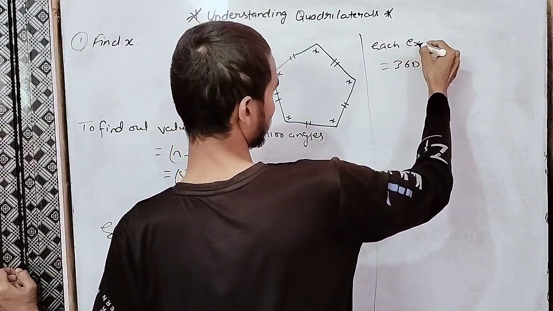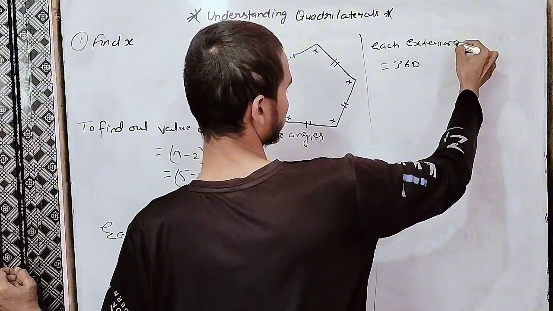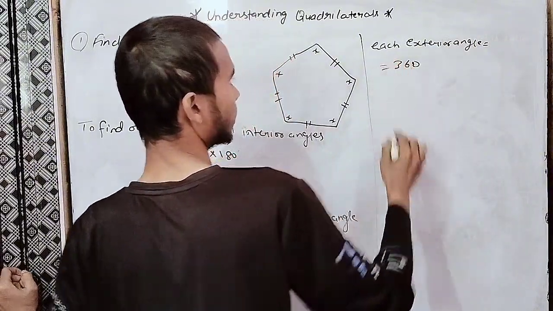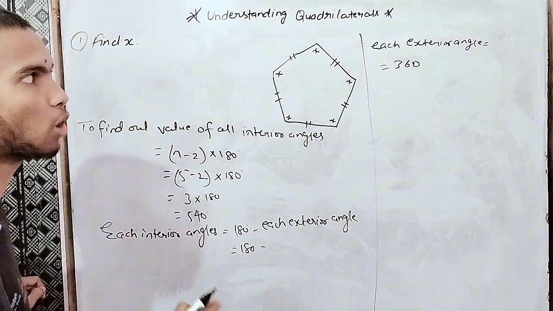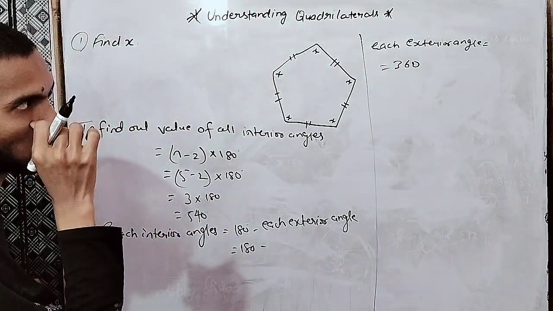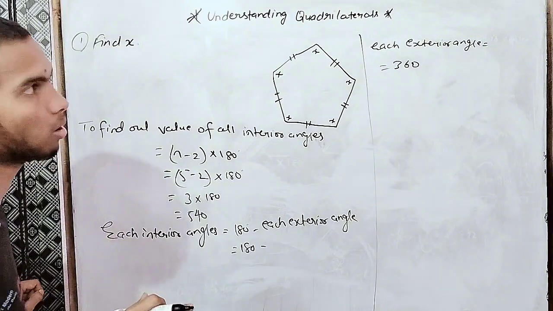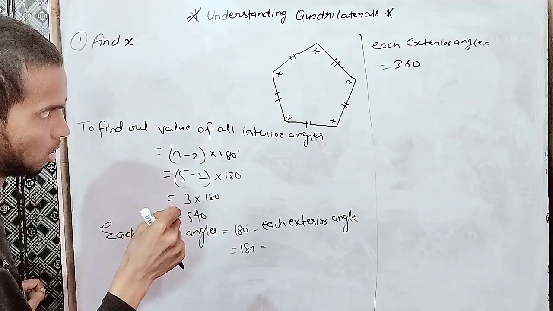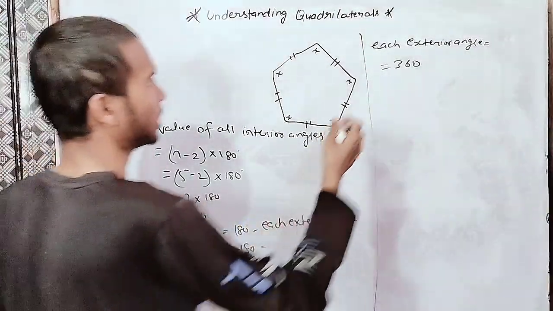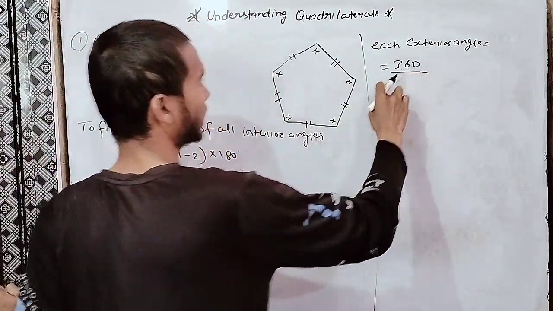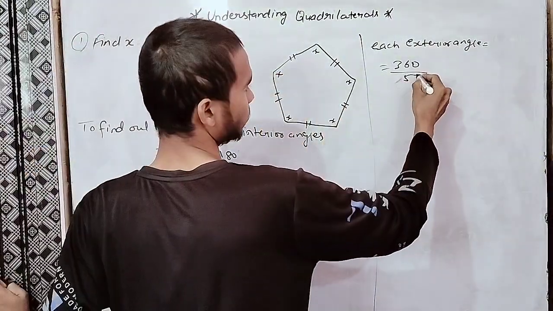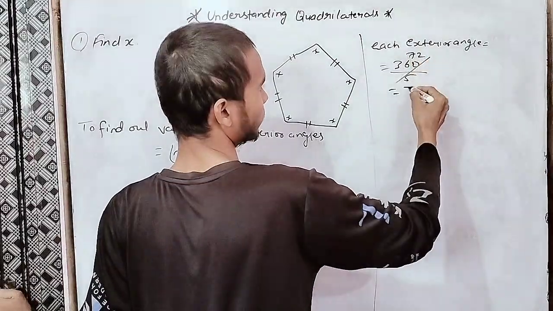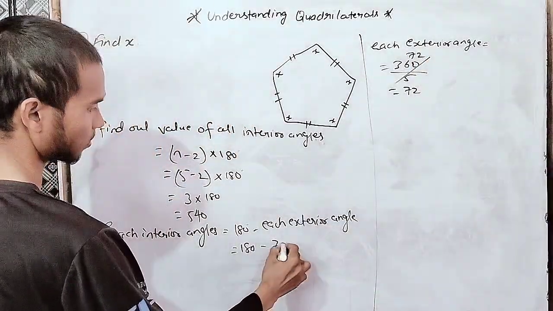To find each exterior angle, we divide 360 degrees, the value of all exterior angles, by n. n is 5. We get the value of each exterior angle, which is 72.